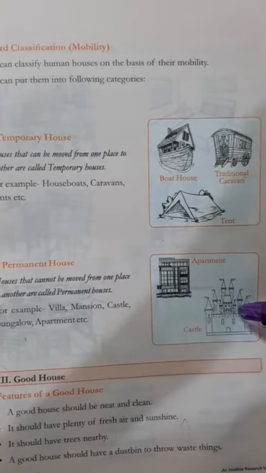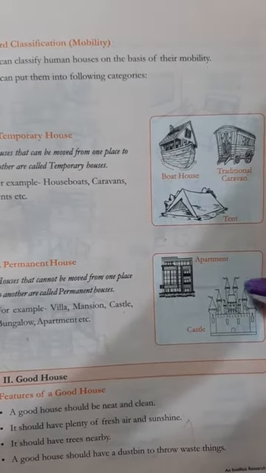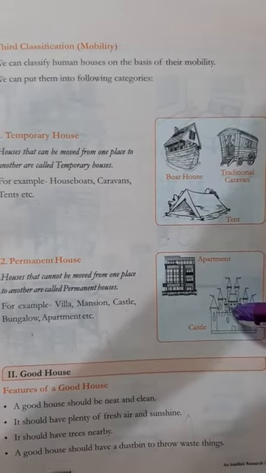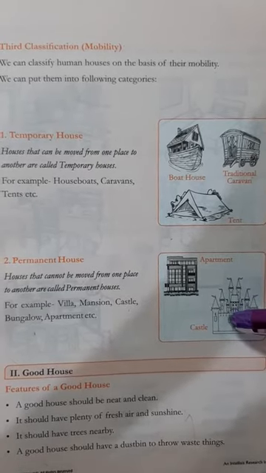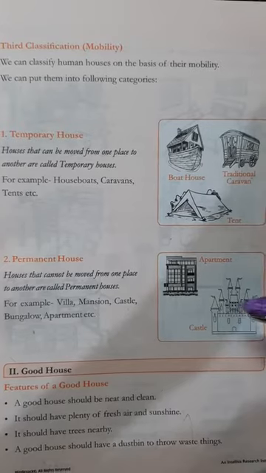Castle, here it is. These types of houses were made in the past. They were built for the king or the ruler of that time.